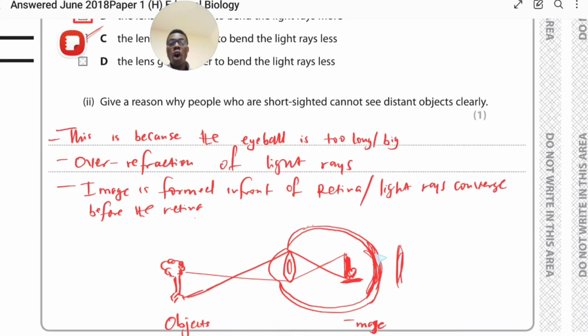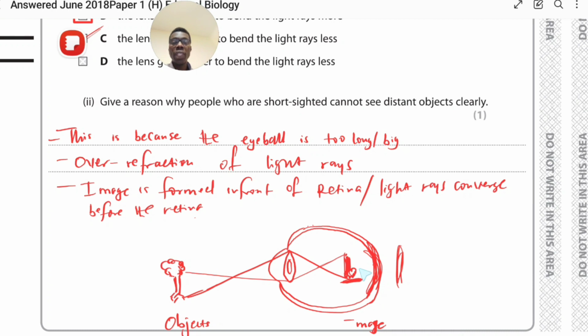Now look at this. Ordinarily speaking, where you see this pointer, that's where the image is meant to be formed. For example, now you are seeing me clearly on your screen, this whole screen, because the image is formed here. But if it's formed here or here, in front or behind, as the case may be, it will be blur. So people that are short-sighted, this way their image is formed.